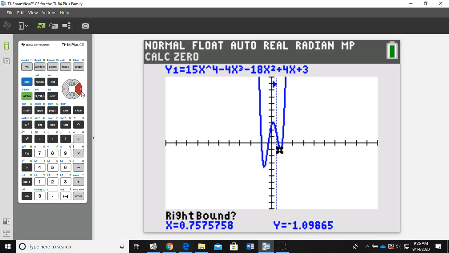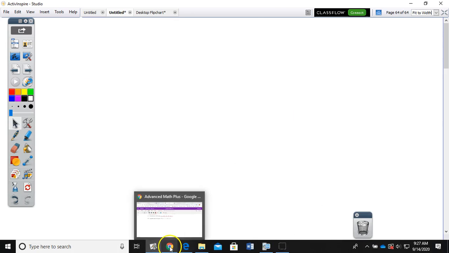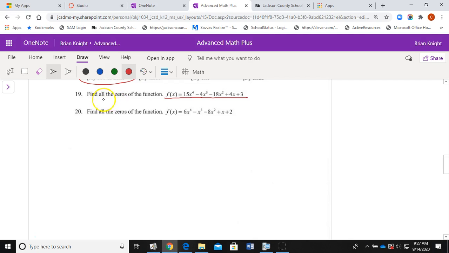To the right of it, hit enter, enter. 0.6. Anybody? Yeah. 3/5. So my answers are 1, negative 1, negative 1/3, and 3/5.